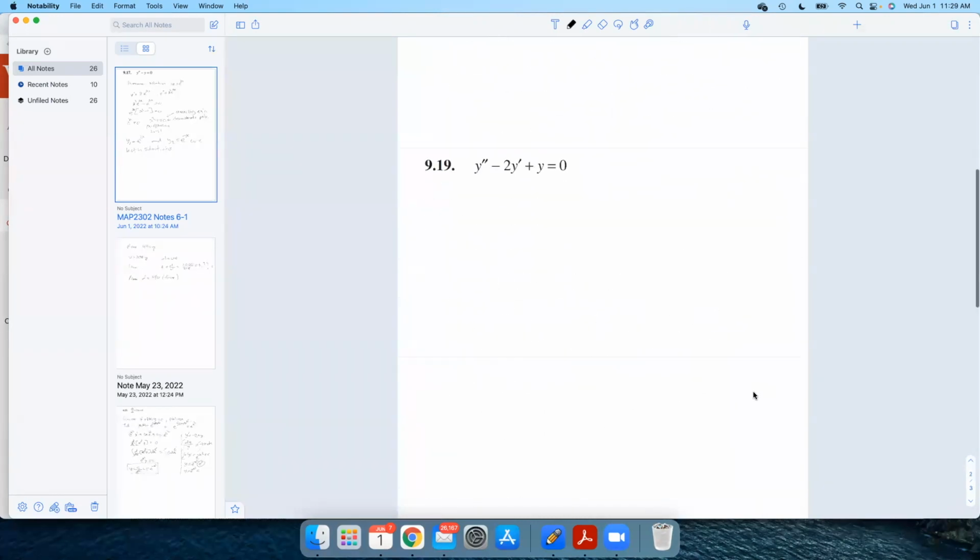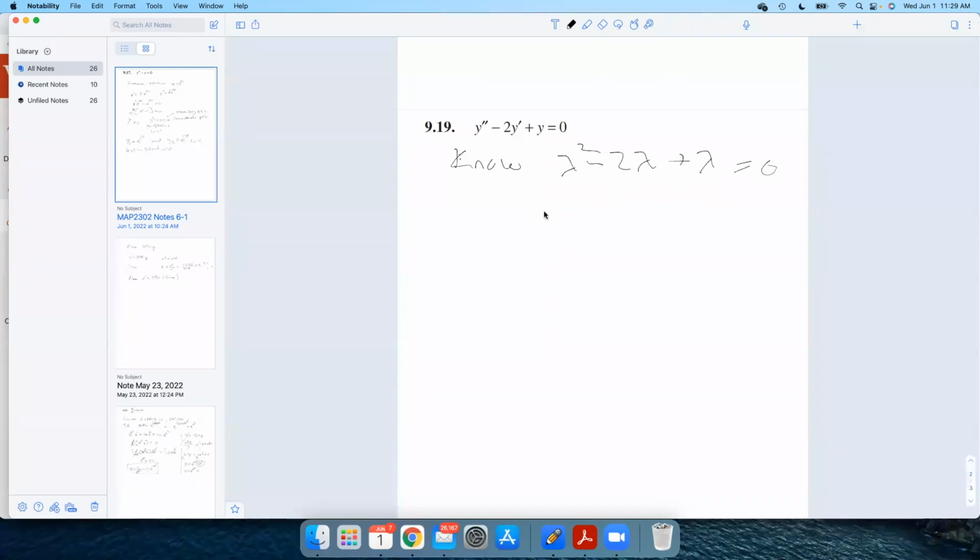Okay, let's do another one. This one's going to cause a little trouble. By the way, again, I want you to be able to just look at this and go, okay, I know once I do all the work, I'm going to get lambda squared, because that's second order, minus 2 lambda to the first, because first order DE, plus, and then y will just be a lambda equals 0.